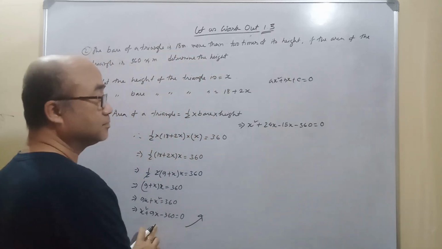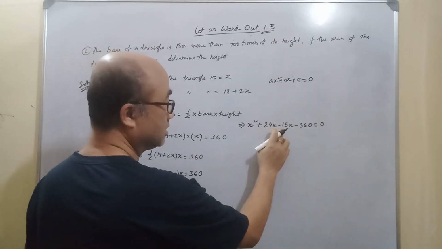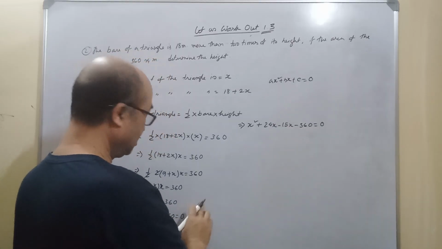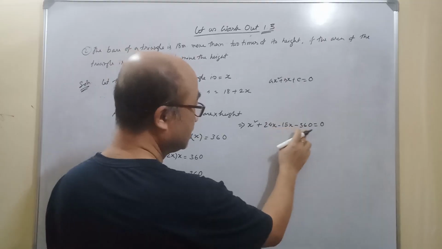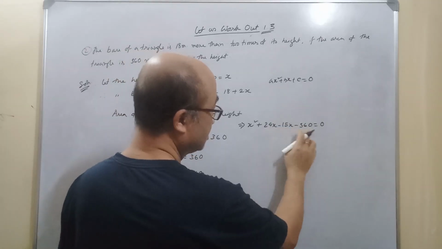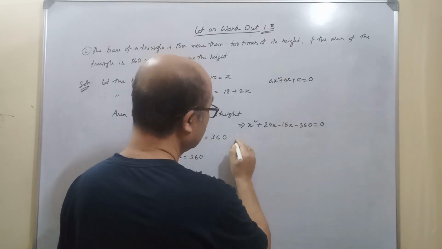If you add 24 with a minus 15, then it is equal to 9. And their multiplication, 24 into minus 15, is minus 360. So we take 24 and 15 as the two numbers.